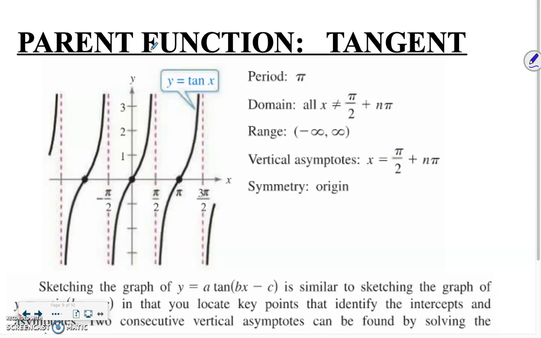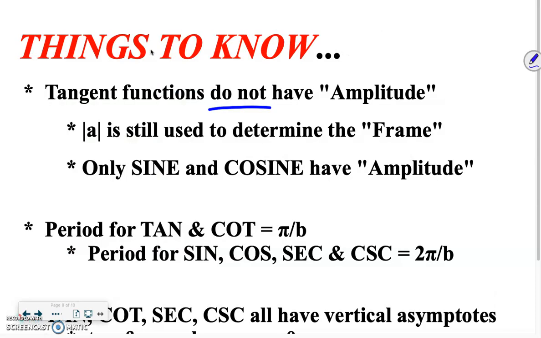So if we stretch it vertically, you're going to have a hard time convincing anybody that you're stretching it to more than infinity. Because that's not a thing. That's not real. Okay? We are still going to use the absolute value of A for our frame. Vertically, we have to build that frame, and we have to go up and down a certain amount. That's still going to be the absolute value of A. So again, only sine and cosine have true amplitude.